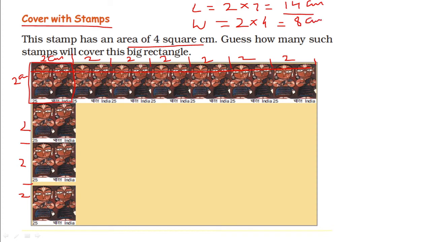So the width of the bigger rectangle is 8 centimeter. So what is the area of the bigger rectangle? Area of a rectangle, as we just learned, is length into width, that is 14 into 8, 112 square centimeter.